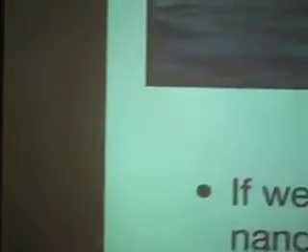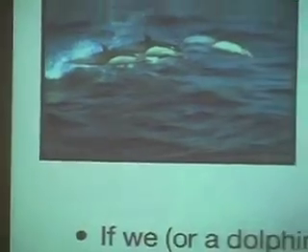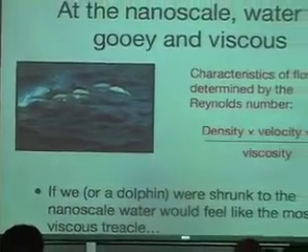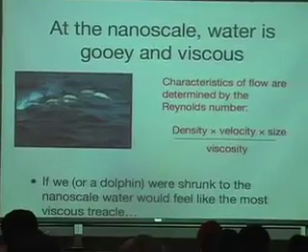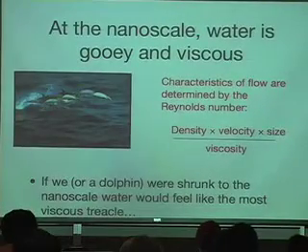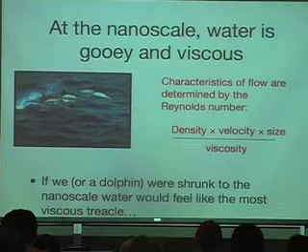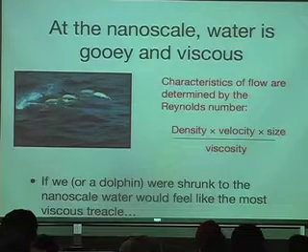So we want to make a submarine go through water. Fluid mechanics tells you there are two possible reasons why water opposes your motion. One of them is inertia, that water's massive. If you want to go forward, you've got to give it some momentum. You have to exert a force on it, and it exerts a force on you.